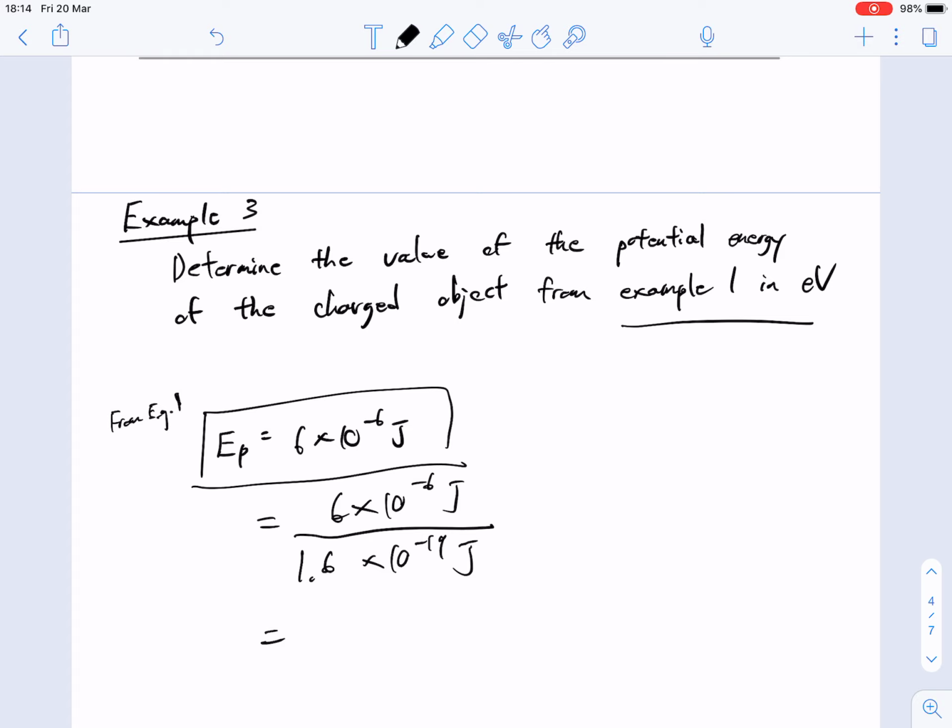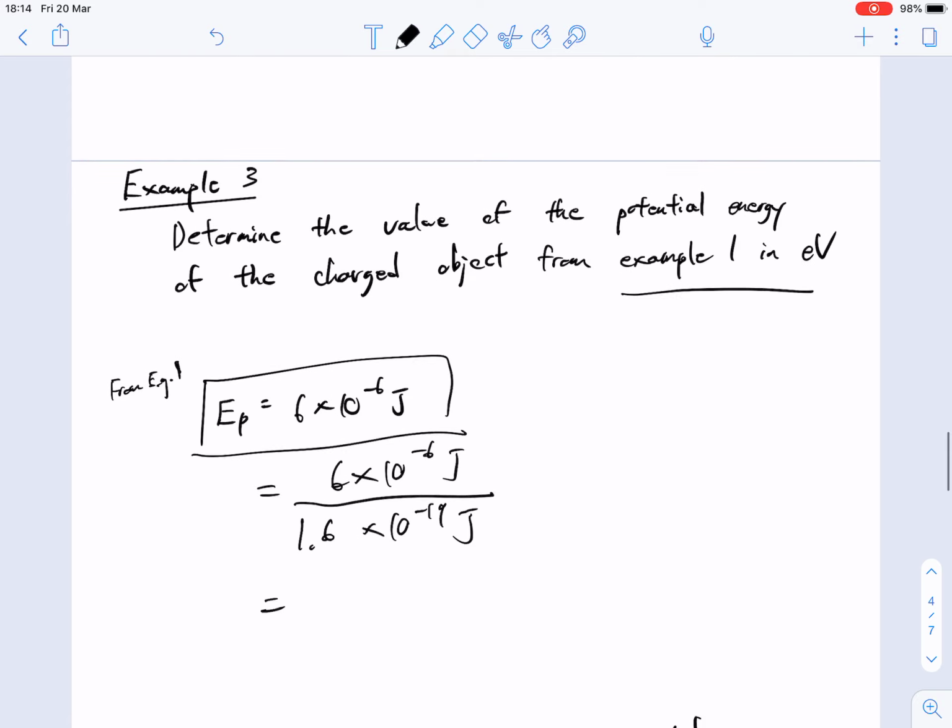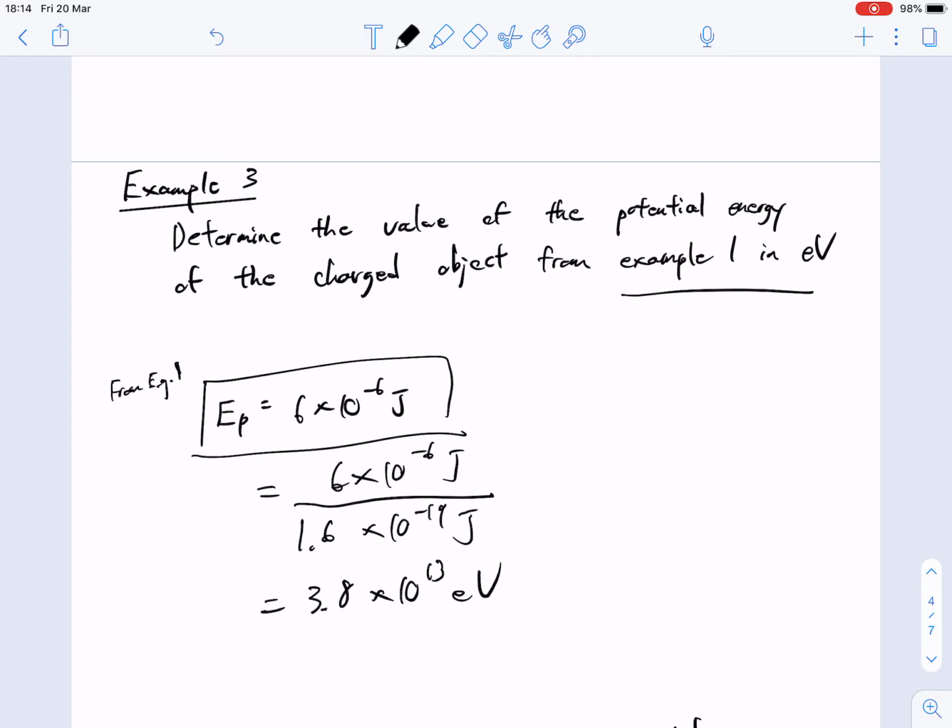So I'm just going to check Cognity for this. This is straight from Cognity, by the way. So this is 3.8 times 10 to the power 13 electron volts.